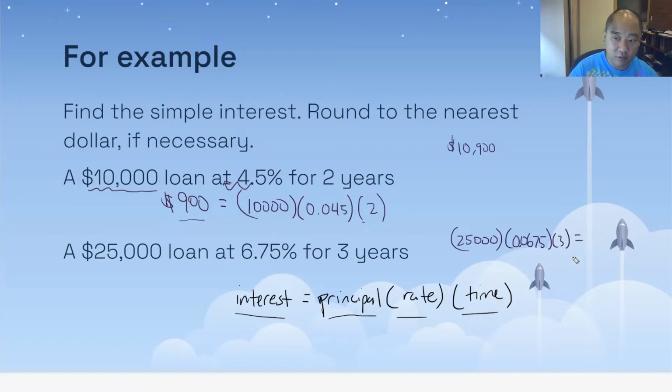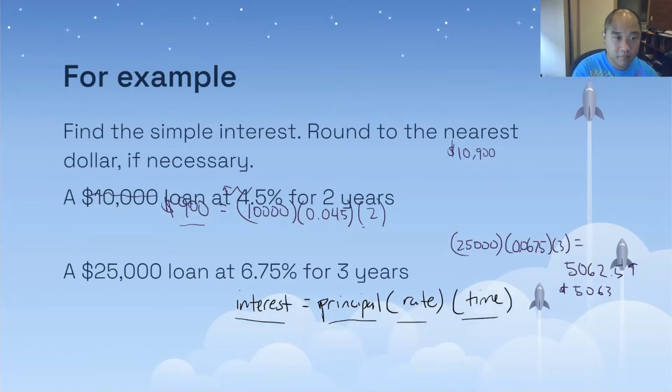And so this equals $5,062.50. So we're going to round that up to $5,063. This is the amount of simple interest.